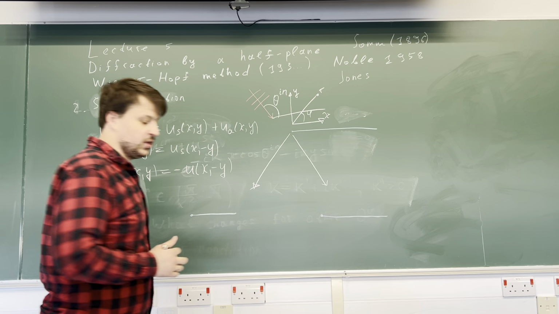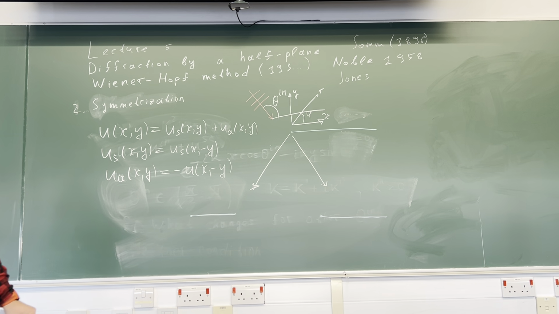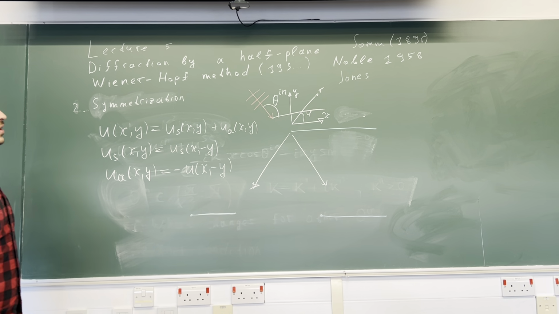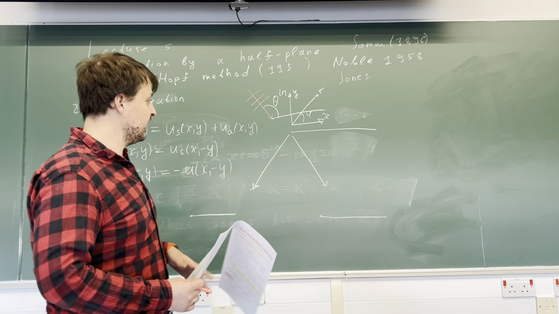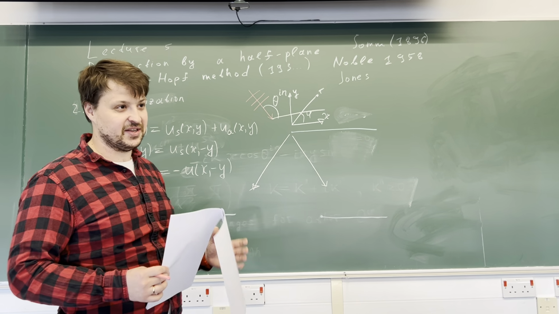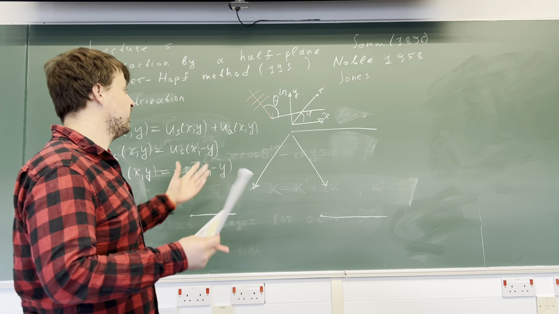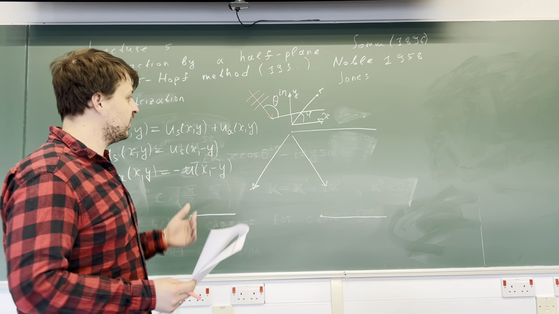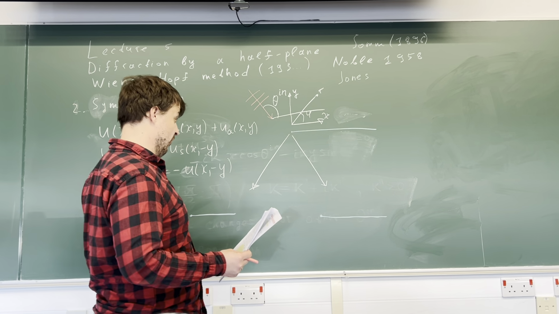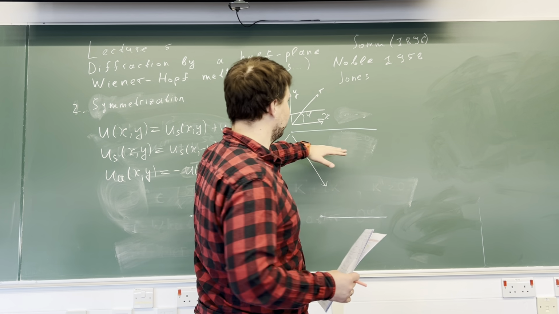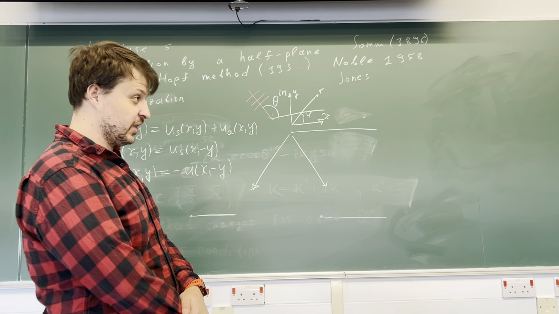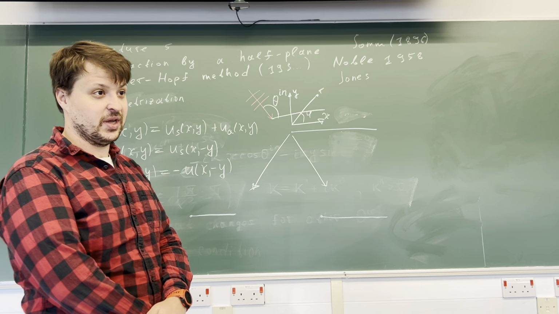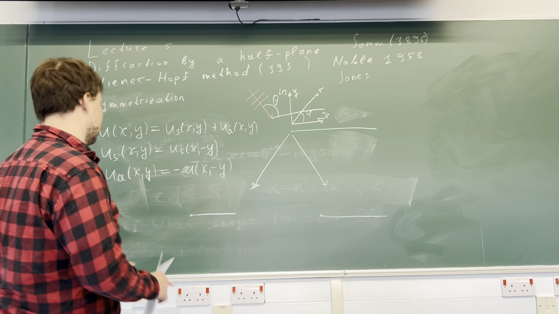So what do you think we need to do to make them symmetric and anti-symmetric? We need to decompose the incident field into symmetric and anti-symmetric parts. And then since we have anti-symmetric and symmetric forcings, and we have geometrical symmetry, our solution has no other option than to also possess these properties.